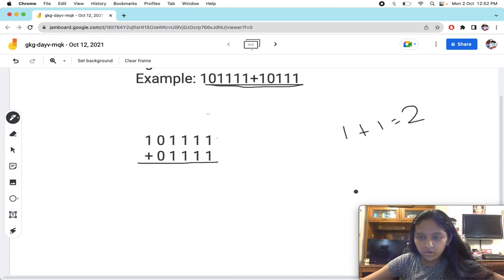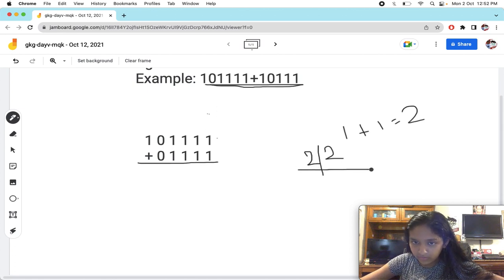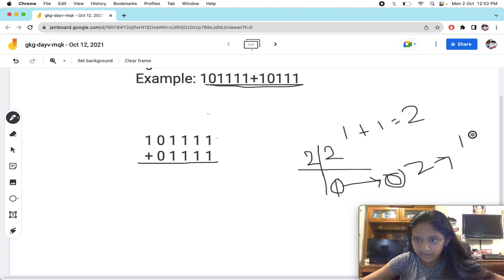If you remember, how do we convert 2 into binary? We divide it by 2. We get 1, and the remainder is 0. So we write both of these, 1 and 0.